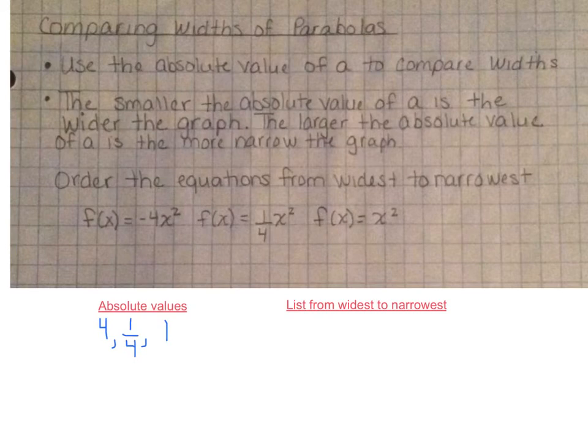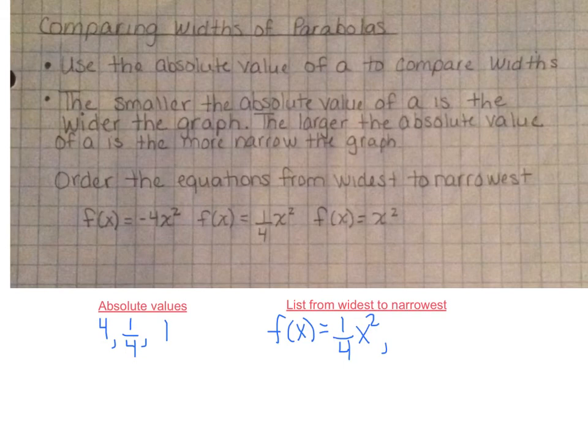Now we need to list them from widest to narrowest. Now remember, the widest is actually going to be the least absolute value. So our least absolute value is 1/4. So our widest is going to be f of x equals 1/4 x squared. So if we were going to draw these graphs, that would be the parabola that had the widest opening.